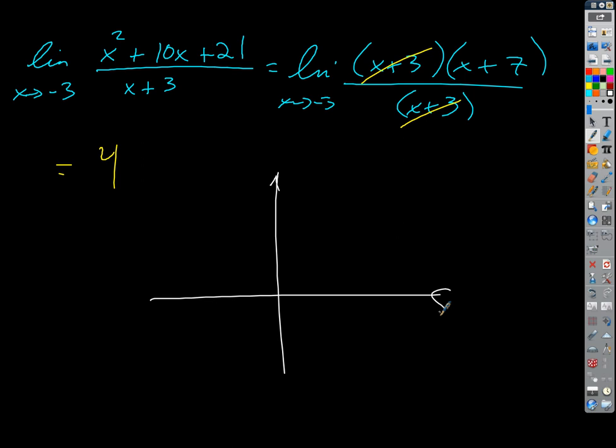It looks like that line with a hole at -3. Agreed? It may not be exact, but you get the idea, right? So if I had taken this limit as x approaches 2, we didn't have to do anything. I just plugged 2 in, right?